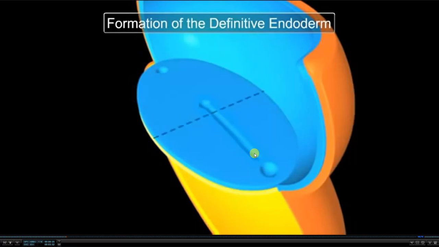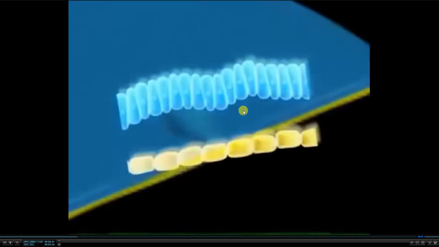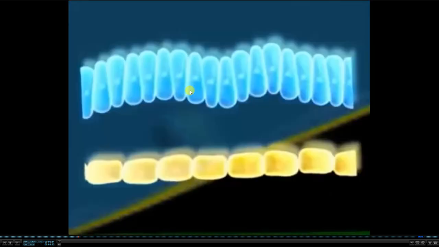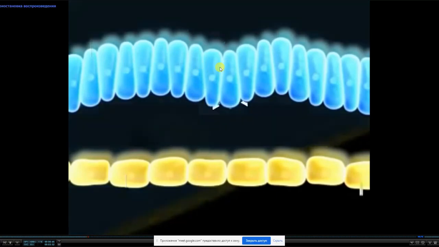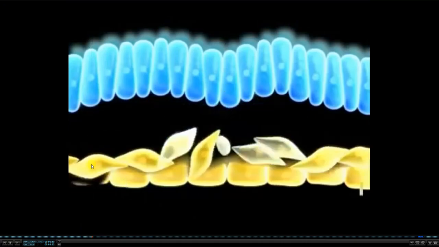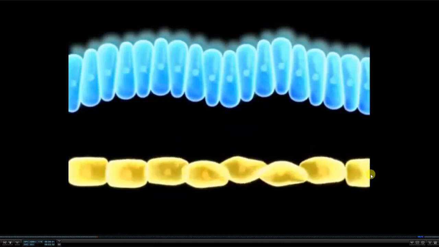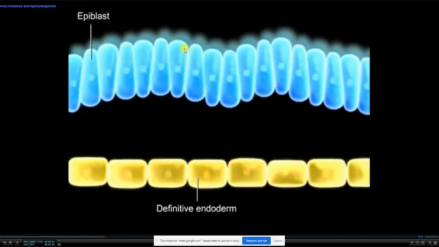Let's see it in a cross section of this embryo, where it will be more visible. This is the groove of the primitive streak. It starts the process of migration of epiblastic cells, and they replace the hypoblast. Here you see the hypoblast is replaced with epithelial cells, ectodermal cells.